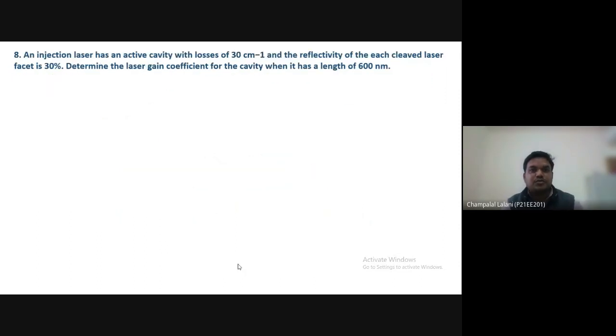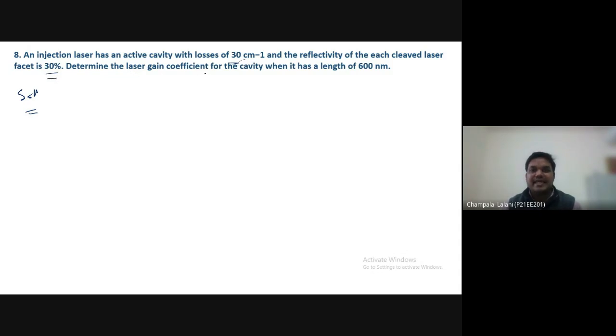Let's move to the next question. The next question is, an injection laser has an active cavity with a loss of 30 centimeter inverse, and the reflectivity of each cleaved laser facet is 30%.